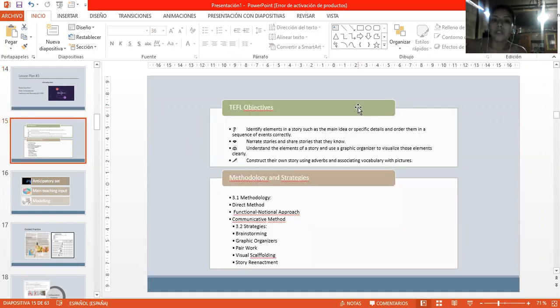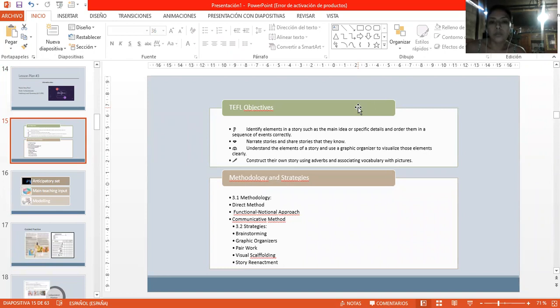And the TEFL objectives, we have the first one, that is listening, and students here have to identify elements in stories such as the main idea or specific details in order, then in a sequence of events correctly. In speaking, they have to narrate stories and share stories that they know.